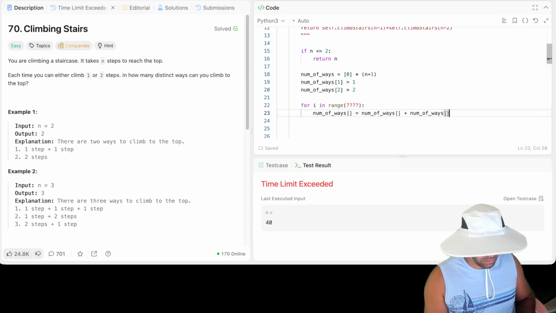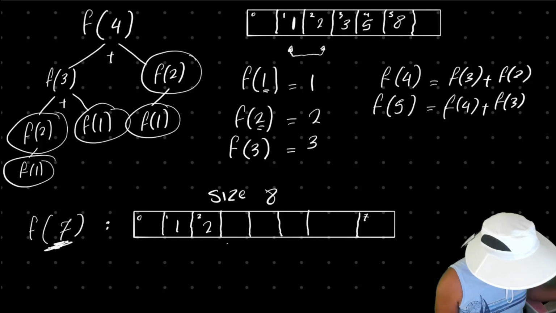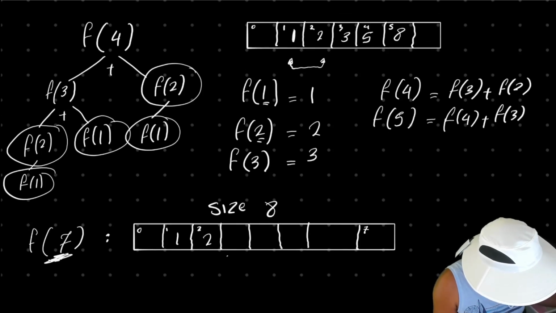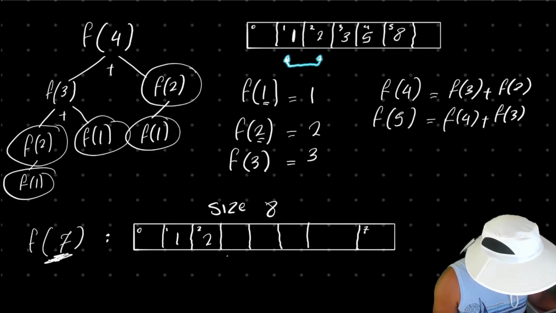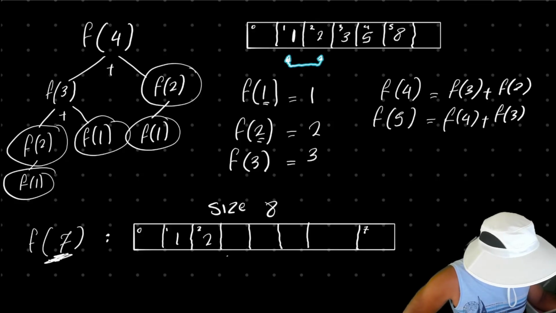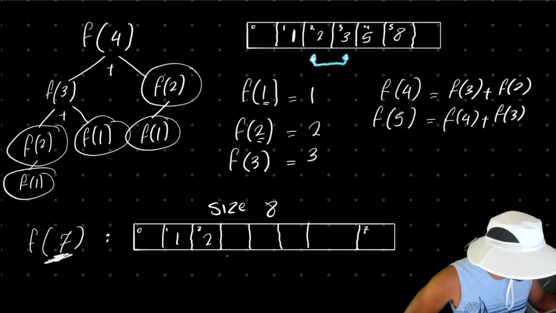Let's go back to the diagram. Look at our 2 pointers. In order for me to populate index 3, I need to add index 1 plus index 2 and then shift it. If I want to get f of 4, I need to add f of 3 plus f of 2, shift it. For f of 5, I add f of 3 plus f of 4, shift it, and so on.